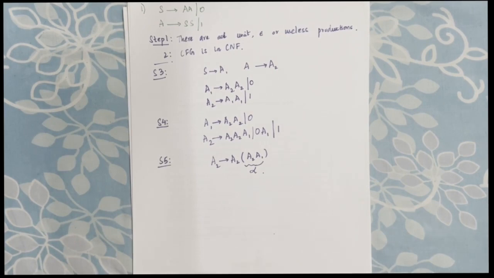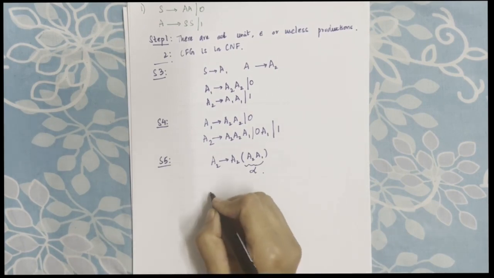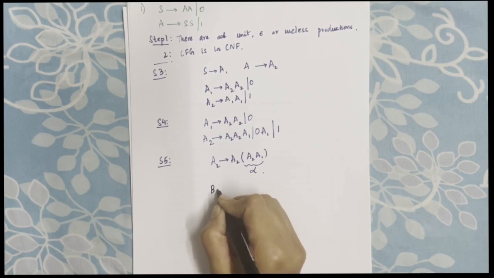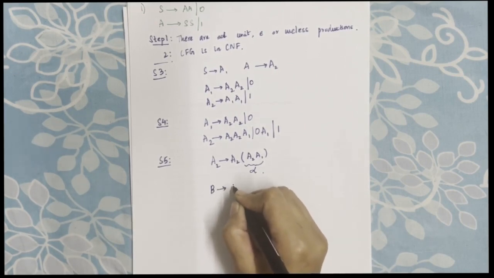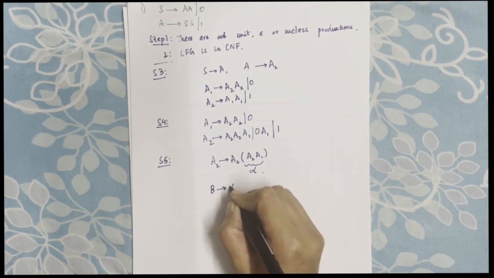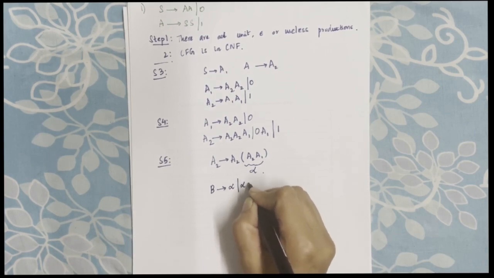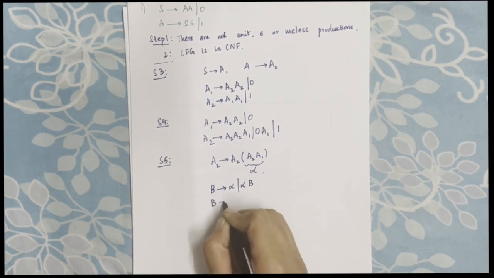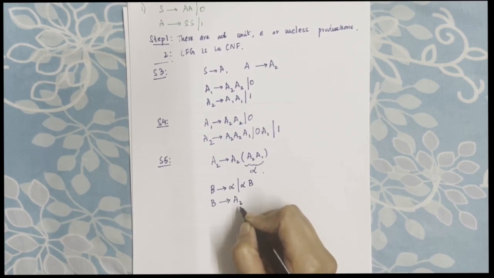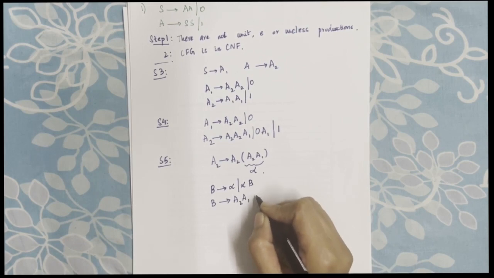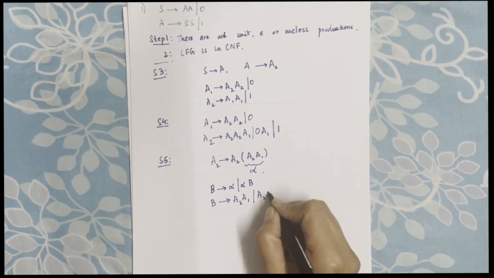I introduce a new variable capital B which gives alpha or alpha B. So I get B is A2 A1 or A2 A1 B.